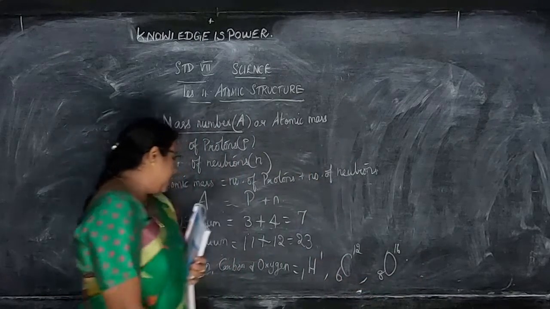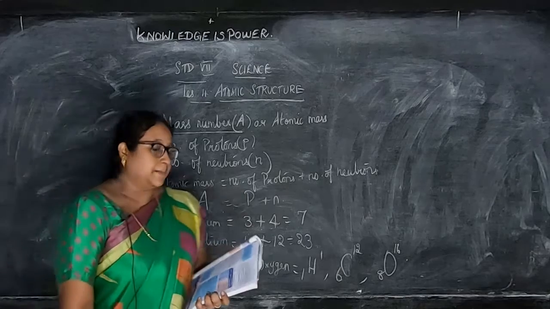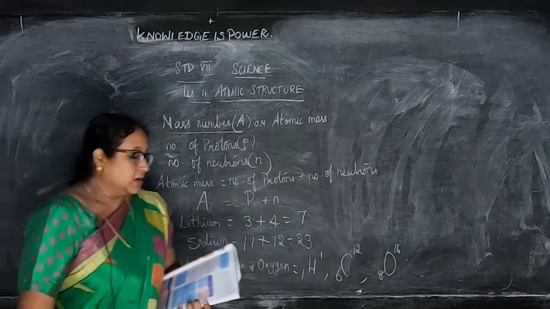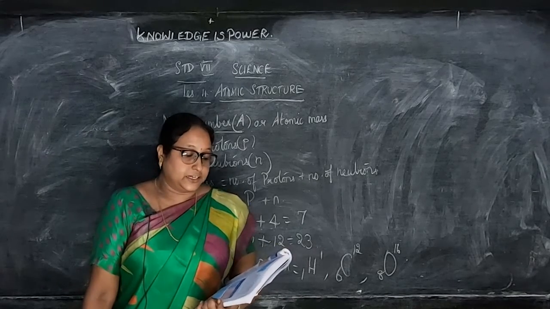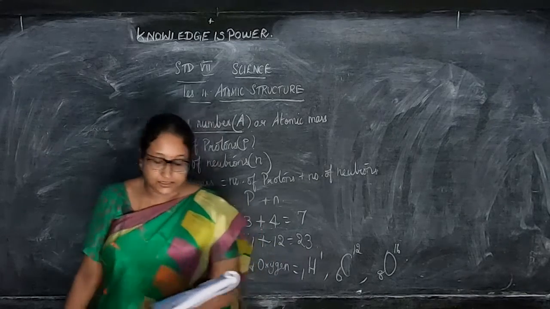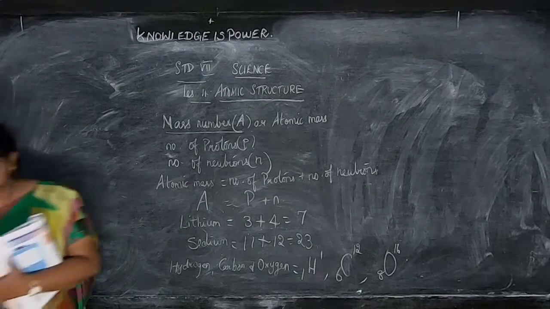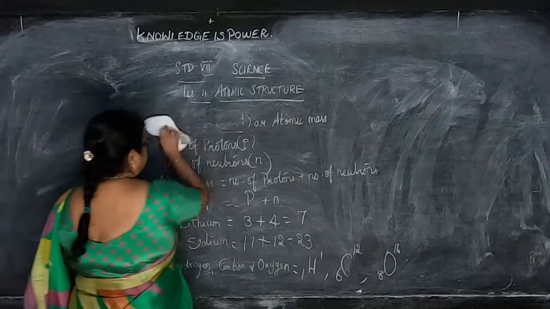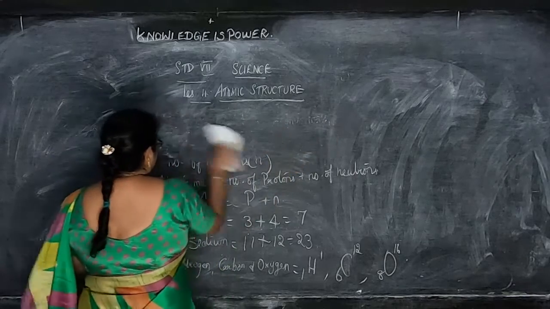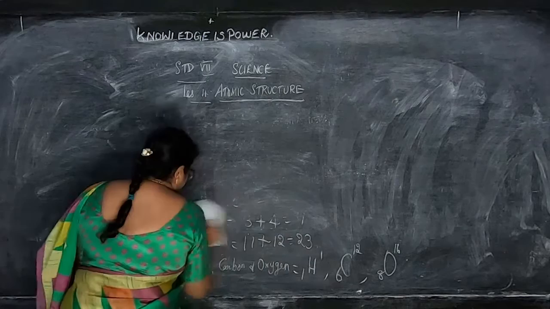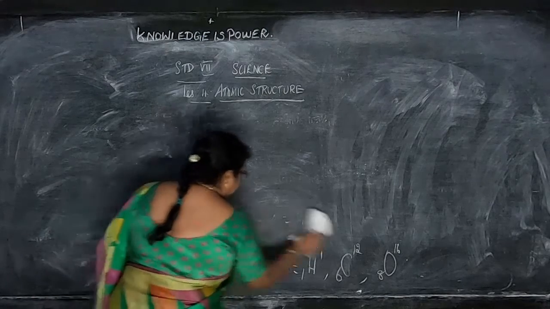Okay, children. This is the mass number and the atomic number for hydrogen, carbon and oxygen. The symbols of elements are given in the table below.